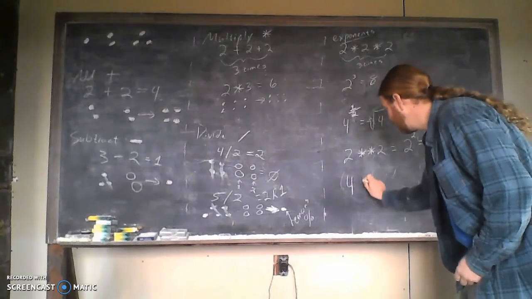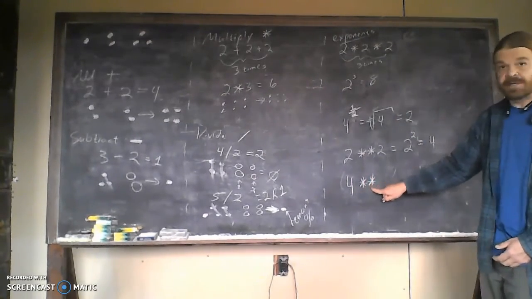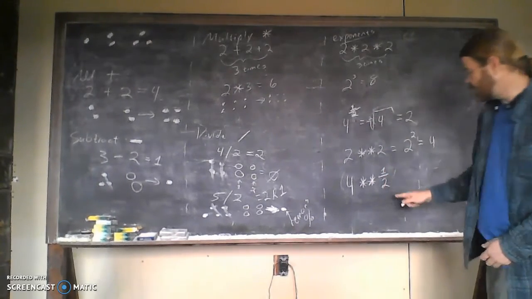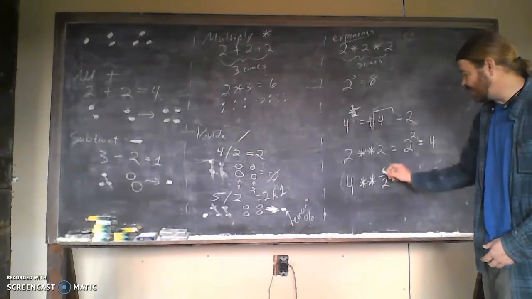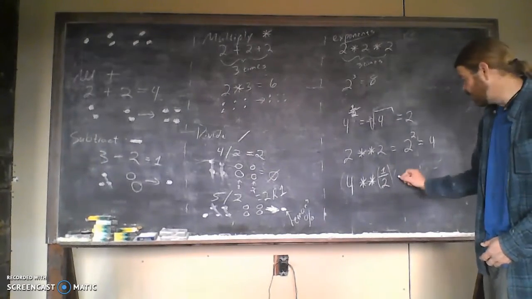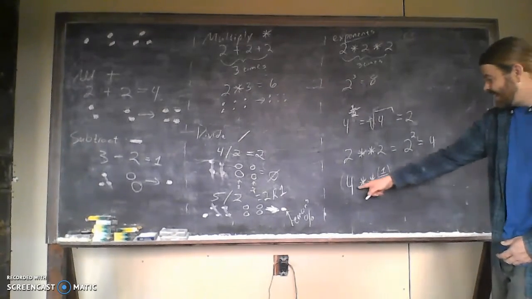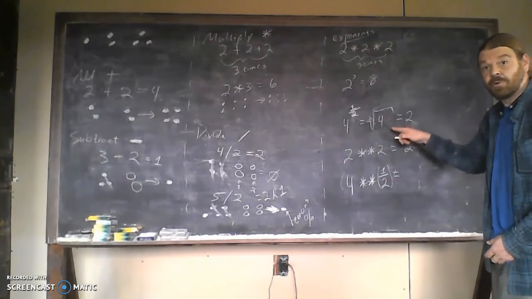I'll do a 4. 4 asterisk asterisk, so 4 raised to the power of 1/2, which we'll talk about in a few minutes, how we put a fraction in there. Basically, parentheses 1 divided by 2. I guess I don't need to delay that till the more formal section. 4 raised to the 1/2 power is like saying the square root of 4.